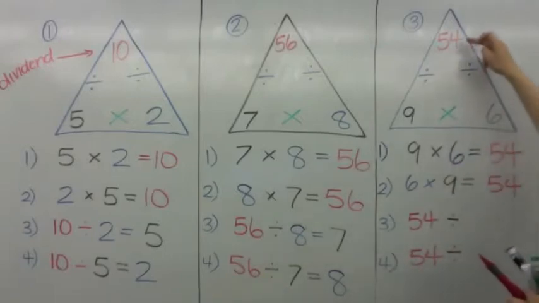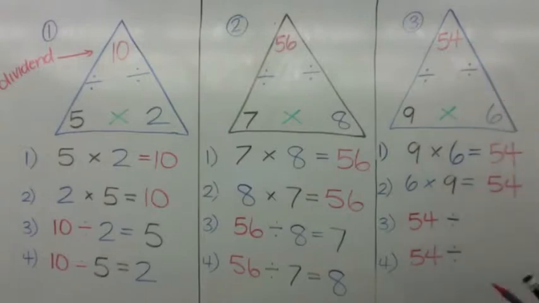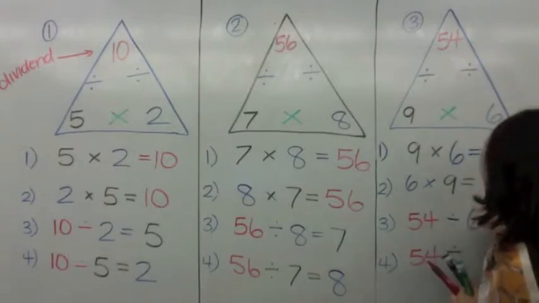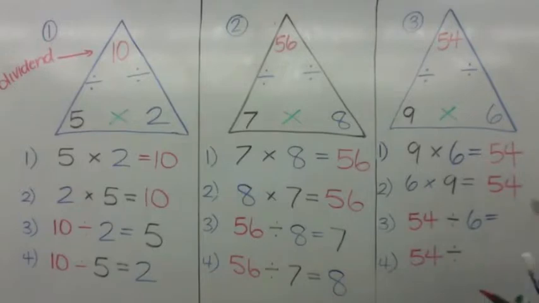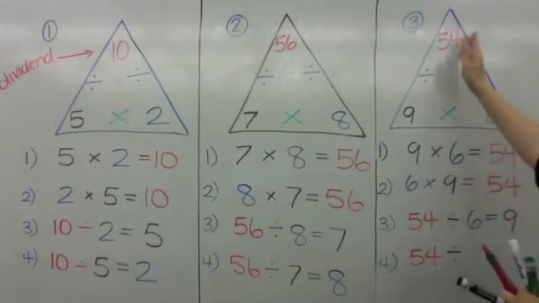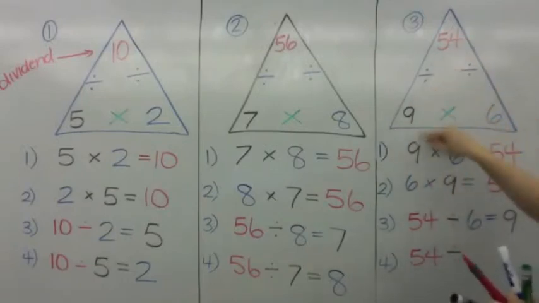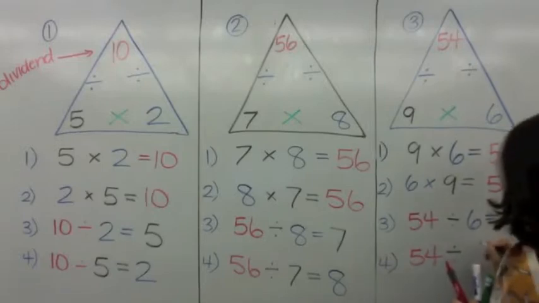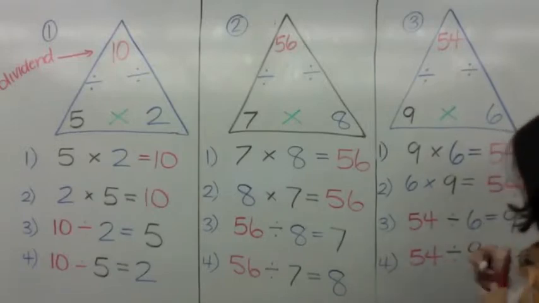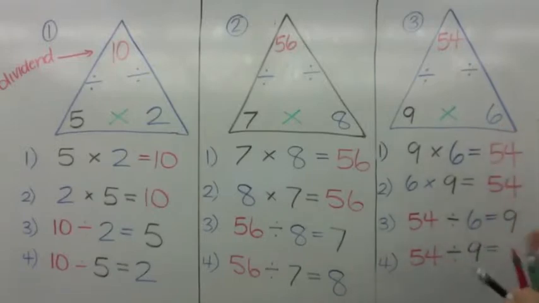So we're going to do 54 divided by 6 is what? 54 divided by 6 equals 9. And then you have 54 divided by, let's do the left side now, 54 divided by 9 is, what's the answer? The answer is 6. Very good. Go ahead and get that down.